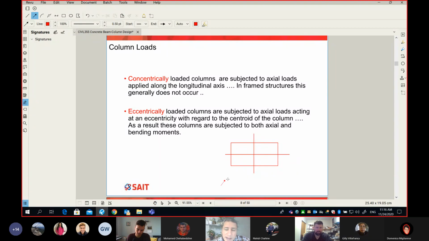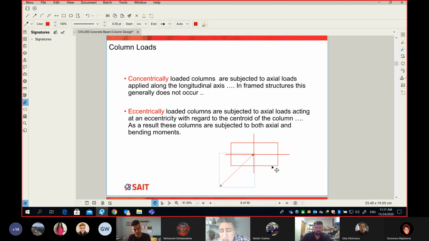If we apply the load exactly at the centroid, what do we call this column? Centric or concentric. It means the load is concentric with the center of gravity of your cross section.